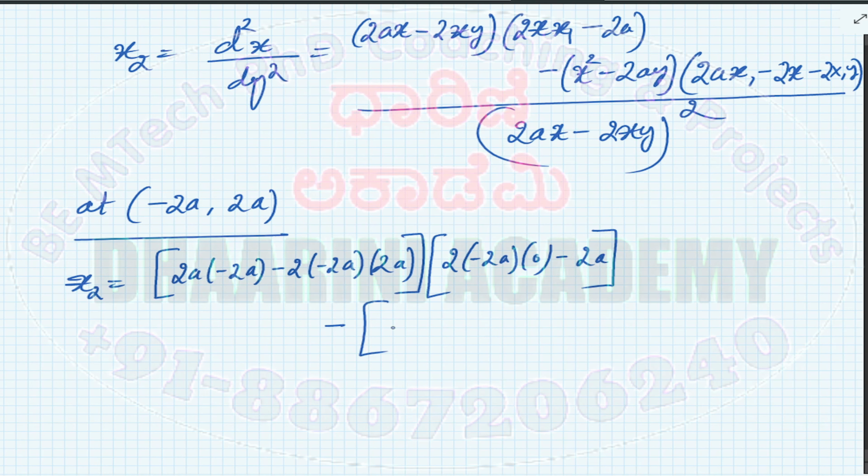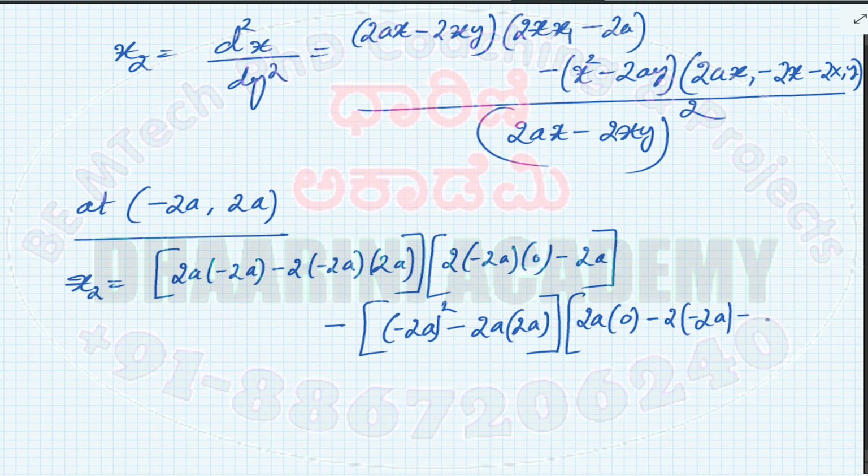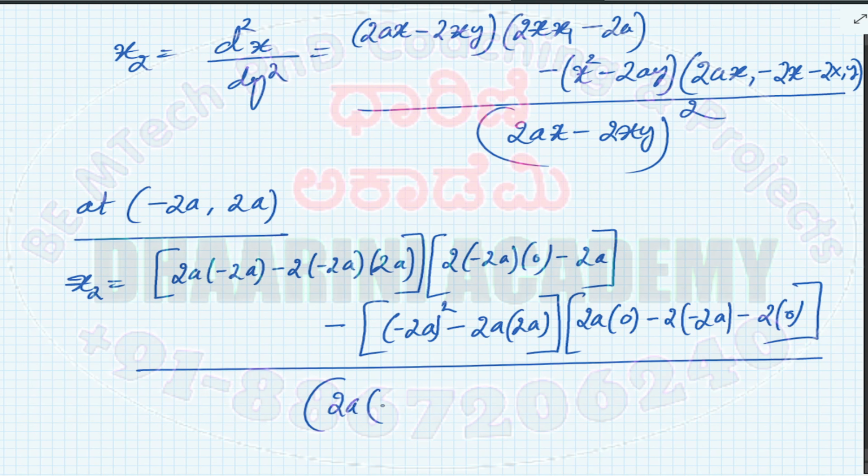Minus x square is minus 2a the whole square, minus 2 times a into y is a 2, this into 2a, x1 is 0, minus 2 into minus 2a minus 2 into 0, whole divided by 2a into minus 2a, the first term, minus 2 into minus 2a into y, which is also 2a, this whole term squared.